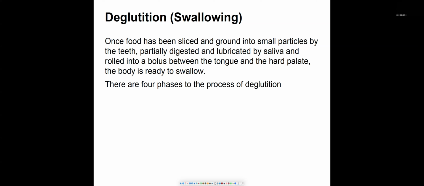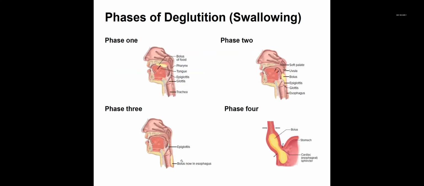You have the oral phase, where the food is basically pressed against the roof of the palate. You have the pharyngeal phase, where the food enters the pharynx or the throat. You have the esophageal phase, which basically enters the upper esophagus and begins with these rhythmic peristaltic movements in order to enter the fourth phase, what we call the gastric phase or the stomach phase, where it enters the stomach for additional chemical and mechanical digestion, right?